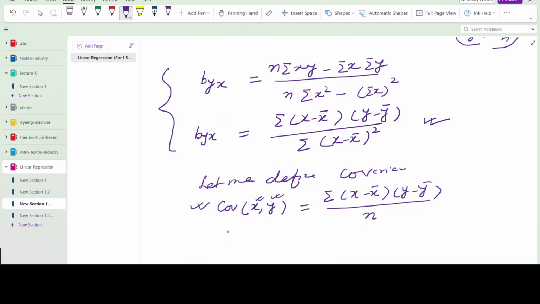And if we have similar variable, then we call it as variance of x.